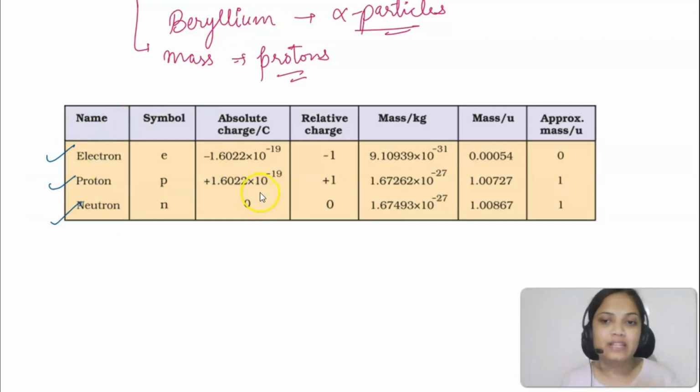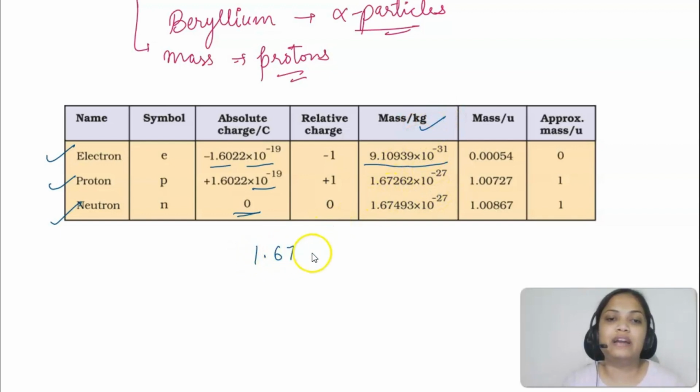The charge of electron is minus 1.6 into 10 to the power minus 19 coulomb, and the charge on proton is the same in magnitude but opposite in sign, that is plus 1.6 into 10 to the power minus 19 coulomb, and the charge on the neutrons would be 0. Then if I talk about the relative charge, we take the relative charges as minus 1, plus 1 and 0, and mass, we have already calculated the mass for the electron, okay, it's in kg. But if you see the mass of proton and neutron, it's approximately equal, but the mass of neutron is slightly more than that of proton, okay.